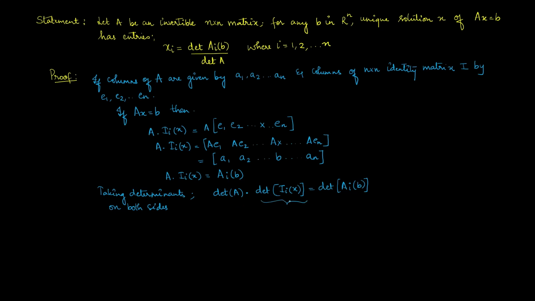Now since the determinant of Ii(x) is equal to xi, I can write this as determinant of A multiplied with xi is equal to determinant of Ai(b). So rearranging, I get xi equal to determinant of Ai(b) divided by determinant of A.